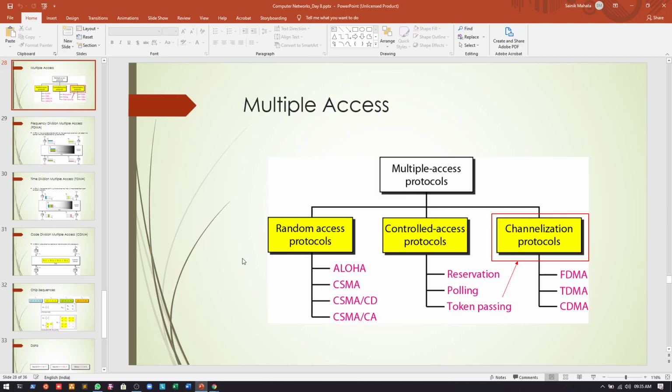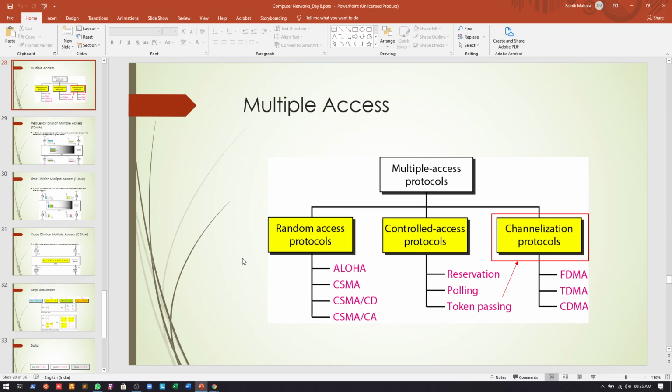So in the previous class, we started off with the medium access control sublayer, or the MAC sublayer, right? And we have studied the multiple access protocols. Now, why do we need multiple access protocols?